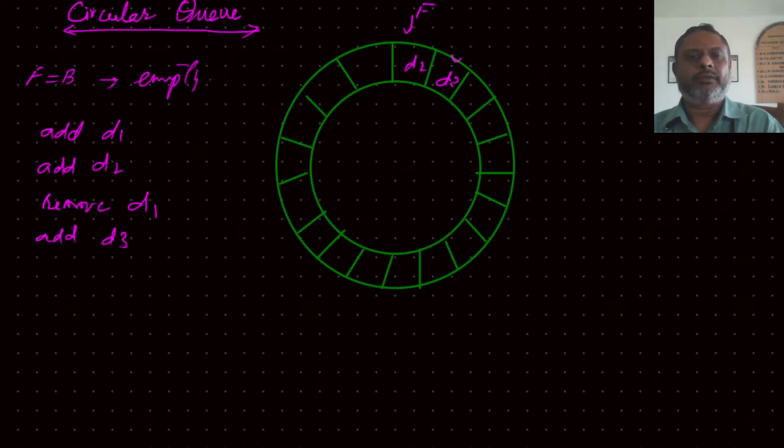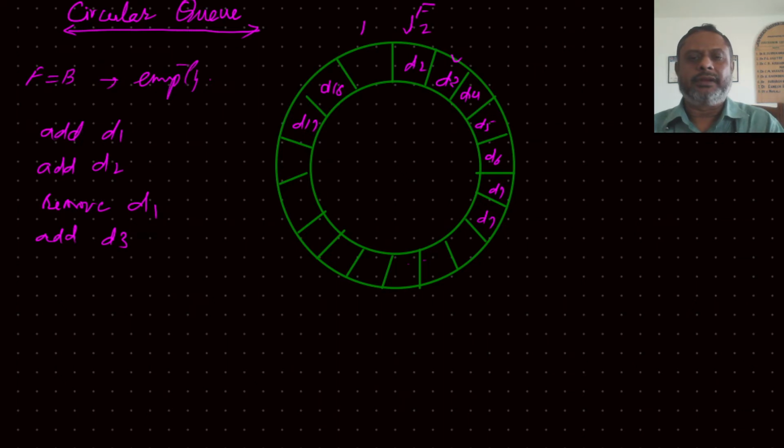Then we see what would happen. Then data 3, data 4, data 5, data 6, data 7, data 8, and 9, 10, 11, 12, 13, 14, 15, 16, 17, data 18. Now, this was our location 1, and location 1 is free.